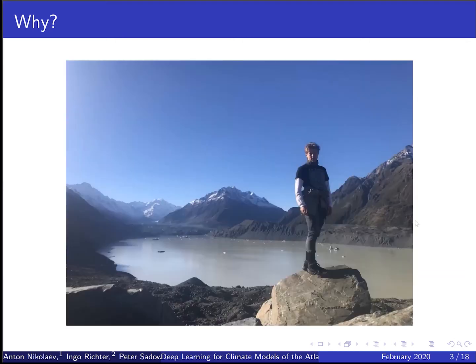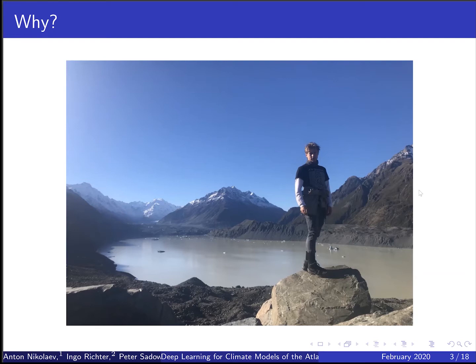And here's the picture from that spot. You might be asking two questions: why do I look so upset, and where's the glacier? The answer is the glacier is gone. That's another example of why climate forecasting is important.